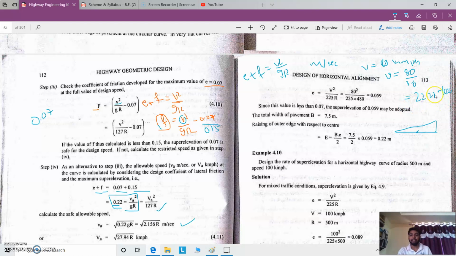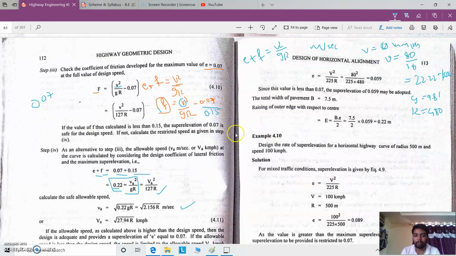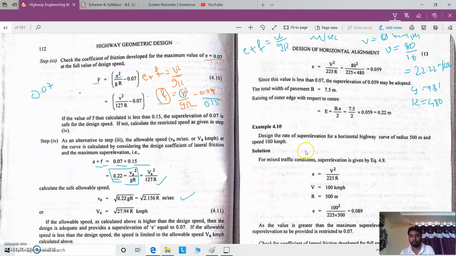I hope you get this, 22.22 meters per second. And then g is 9.81, and R is given in meters, 480 meters.